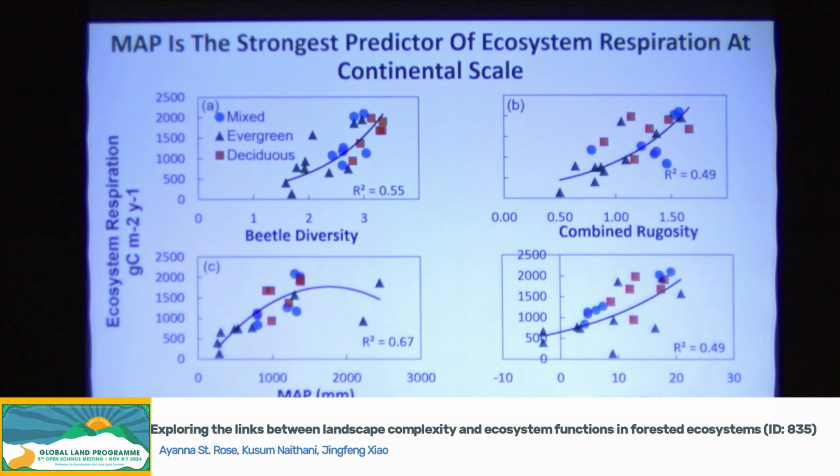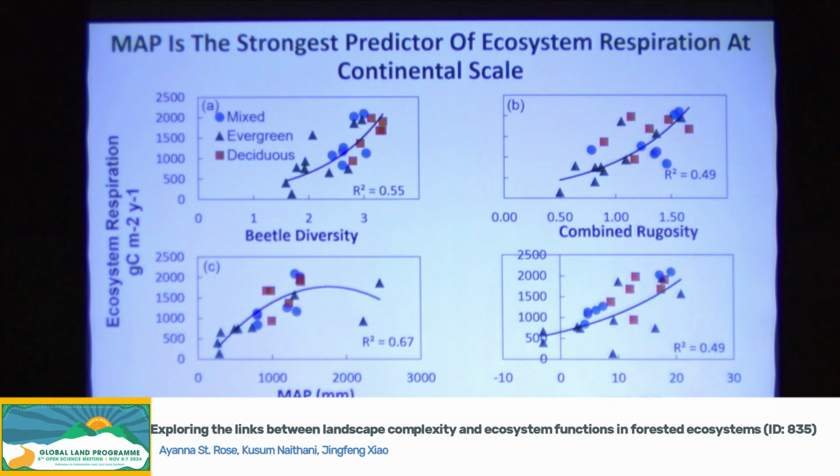So just to take a better look at this, we'll look at the bivariate plots. Here we have ecosystem respiration on the y-axis and our variables on the x-axis. We can see that beetle Shannon diversity, combined rugosity, and mean annual temperature all have a sort of linear increase with ecosystem respiration, and mean annual precipitation has the strongest relationship with ecosystem respiration.